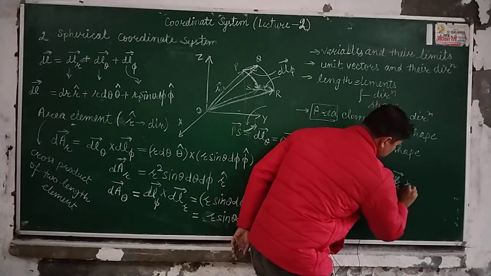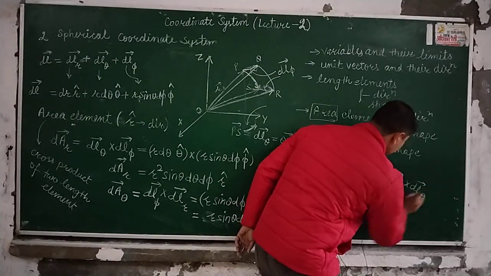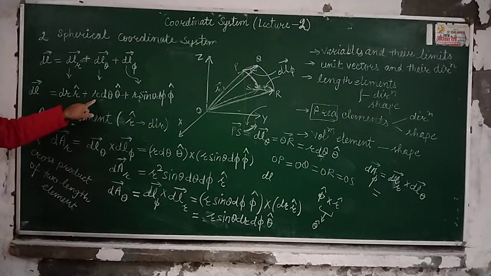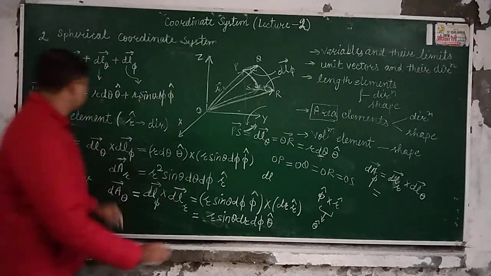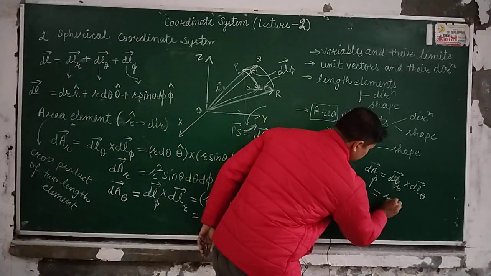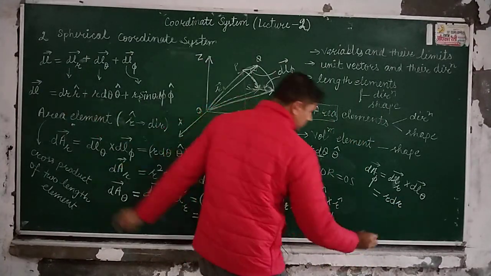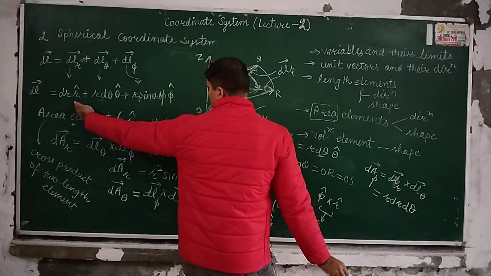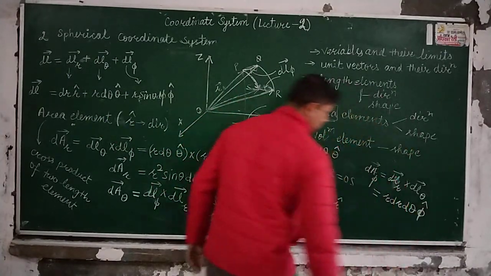After multiplication you will get r dr d theta, r cap cross theta cap, which will give you phi cap. So I am writing it here, this is r into dr into d theta, then you will get r cap cross theta cap, that will be phi cap.